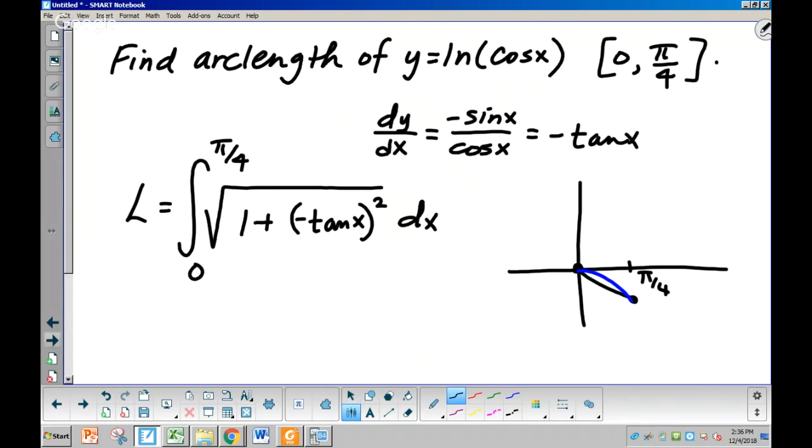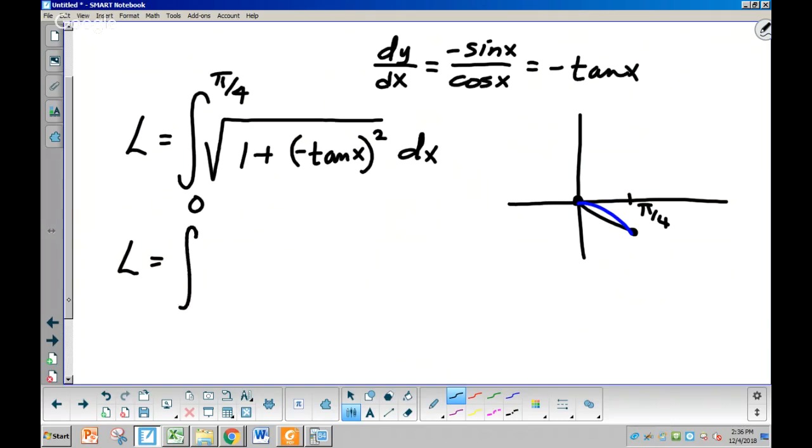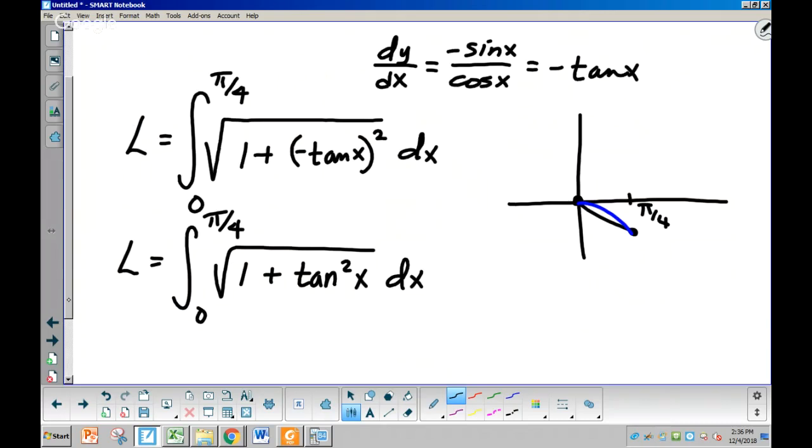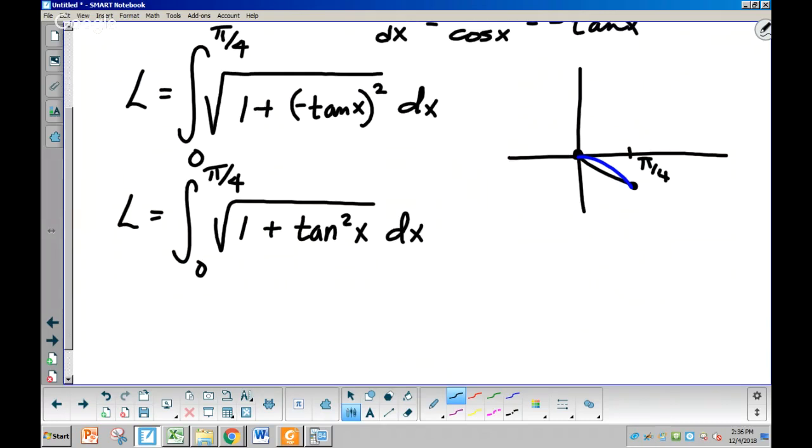So when I square that, I get L equals the integral from 0 to pi over 4 of the square root of 1 plus tan squared x. There are some graphs even I don't know what they look like, but we just have to use some analytical thinking. Now, I don't know how to integrate that, but I do know that tangent squared is equal to secant squared minus 1.